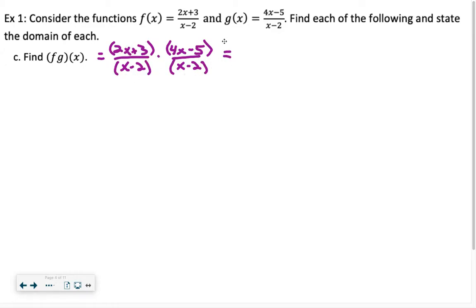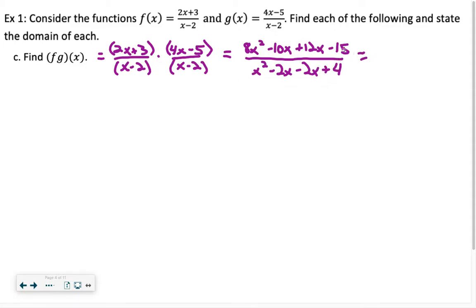I'm going to multiply every term in the numerators together. So 2x times 4x would be 8x squared, 2x times -5, negative 10x, 3 times 4x would be 12x, and 3 times -5 would be negative 15, over x times x is x squared, x times -2, negative 2 times x, and negative 2 times -2.